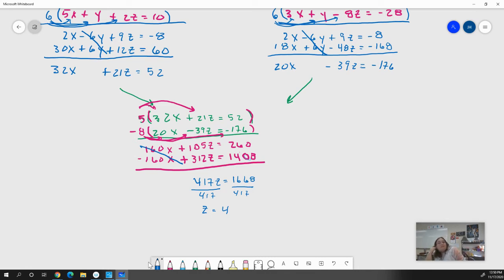So what do you suppose I do with that z equals 4? Any guesses? Anyone want to take a shot? We know what z equals. We still need to know what x and y equal.